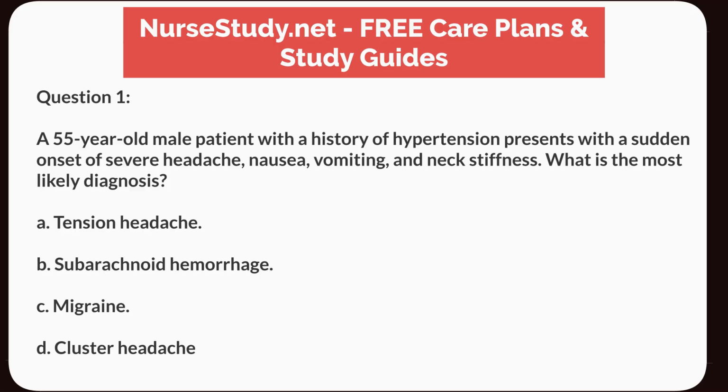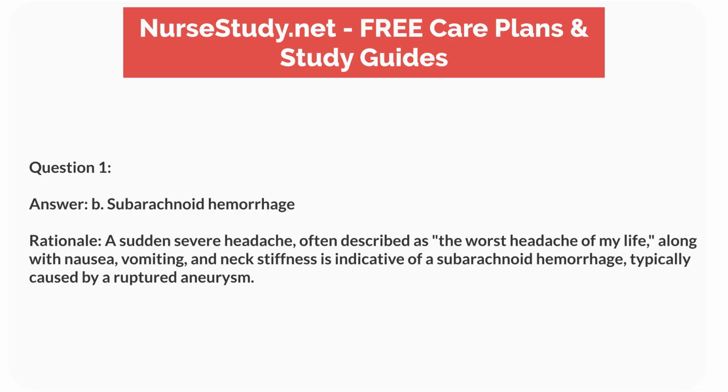D. Cluster headache. Answer: B. Subarachnoid hemorrhage. Rationale: a sudden severe headache, often described as the worst headache of my life, along with nausea, vomiting, and neck stiffness, is indicative of a subarachnoid hemorrhage, typically caused by a ruptured aneurysm.